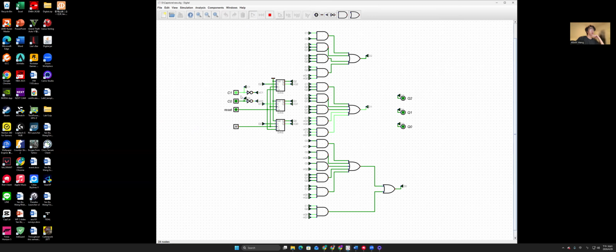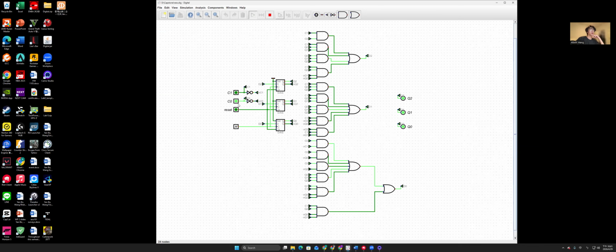If I let C1 equal 1 and the clock goes one time, Q1 is 1. I press it another time, Q0 is 1, then the third time Q2 equals 1, and one more time, all of them are 1.